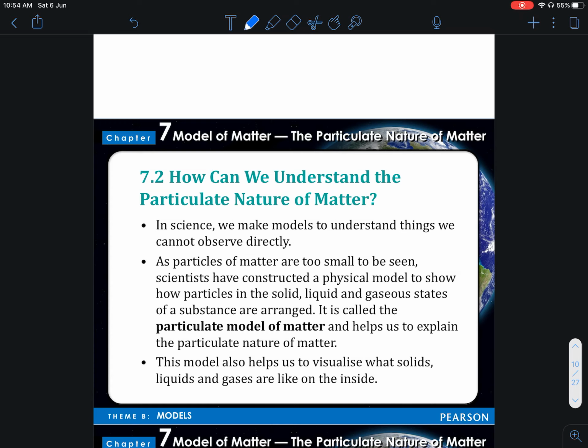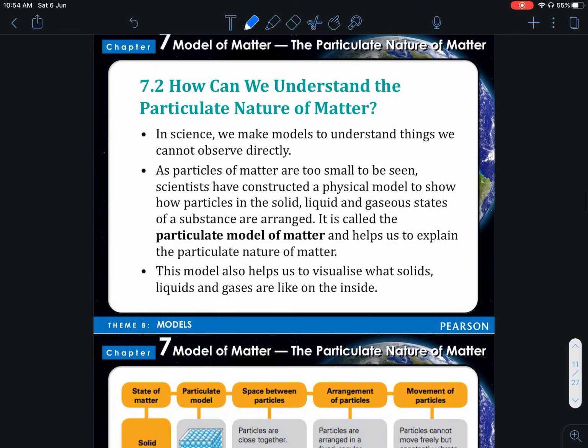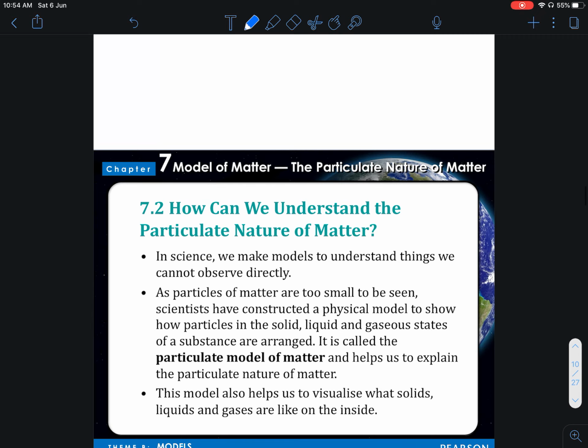We try to use the particulate model of matter to try to visualize the arrangement as well as the motion of the particles in a solid state, liquid state, and in a gas state. And slowly we will be able to better understand the particulate nature of matter.